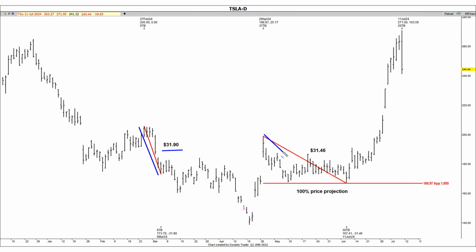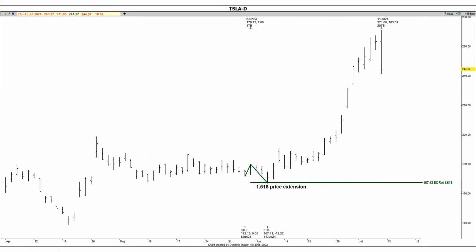I projected that from this high over here, and it gave us 166.97. It wasn't exactly equal, but it's very similar, 31.90 versus 31.46. Same chart, different swing. I had a little micro low to high swing where the 1618 price extension was 167.43. So now we have 3 levels so far.